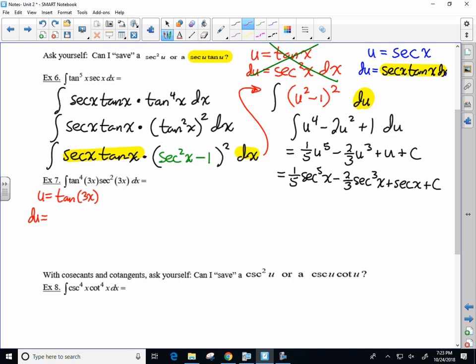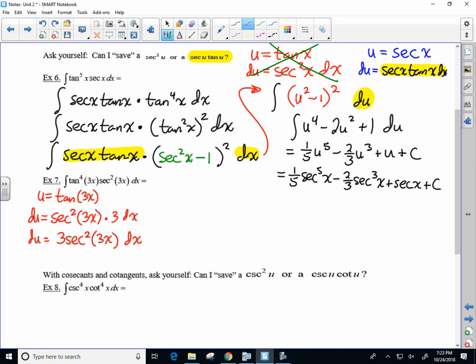So the derivative: secant squared of 3x times 3 dx. I'm going to rewrite that a little bit. du equals 3 times secant squared of 3x dx.